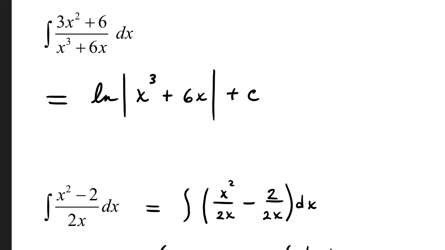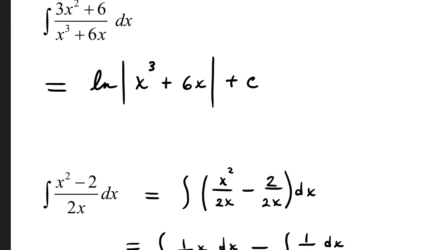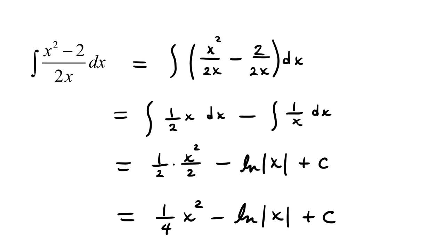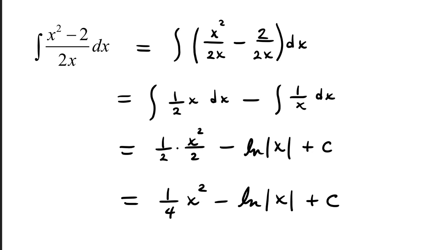In our next example, we have the integral of x squared minus 2 over 2x dx. Now for this one, it's a little awkward because we can tell it doesn't immediately qualify. Our denominator 2x only has a derivative of 2, so we clearly don't have just a 2 as our numerator. But we do know that if we have a common denominator, we can split terms from the numerator into separated fractions.